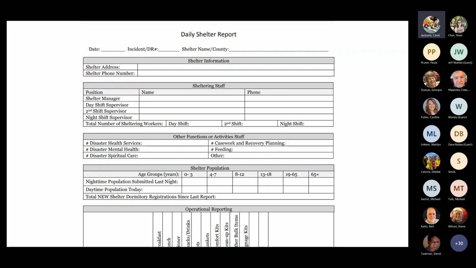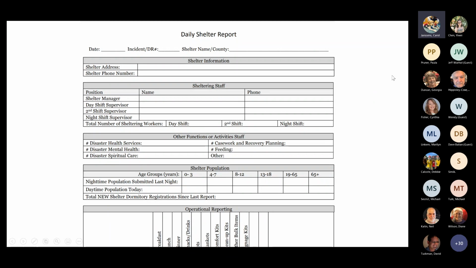They take that information from the shelter manager from this form to make sure it matches what goes in the IAP, because we want to have the name of who to call. If health services wants to call the shelter, they'll have the name and the phone number of the shelter manager or the night supervisor, or if somebody else needs to get a hold of you, reunification's calling or something.